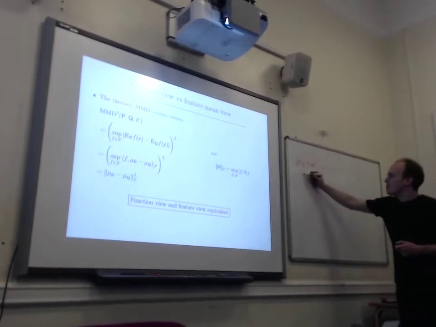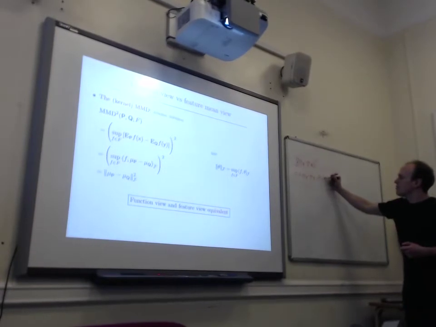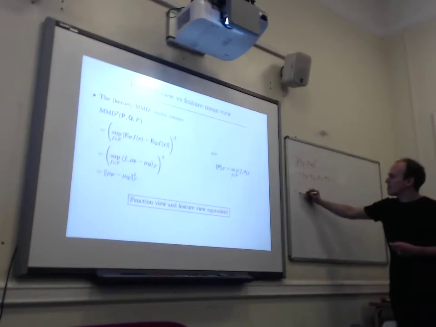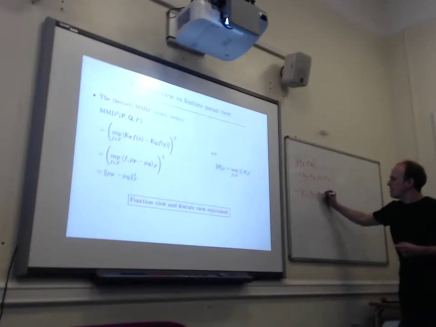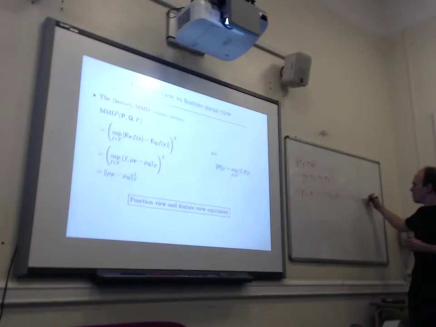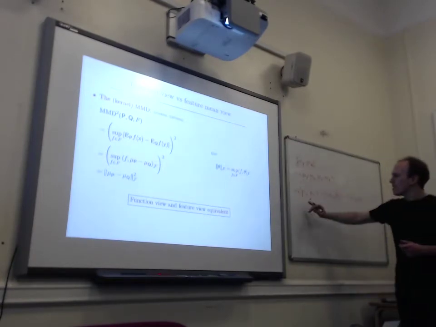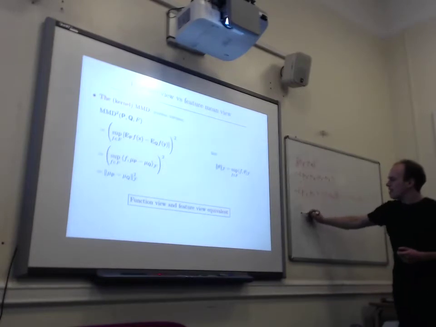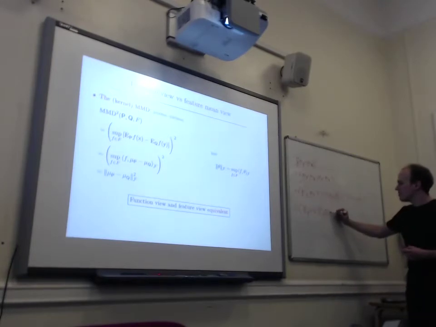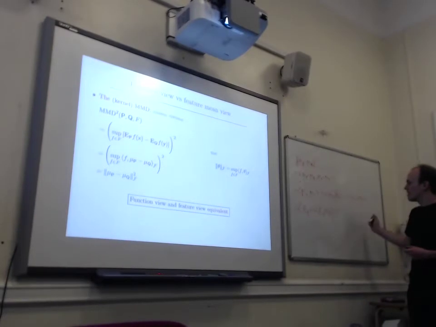And we've just seen that that's just the inner product of mu P minus mu Q with mu P minus mu Q. And then I'm going to expand this out: mu P with mu P, plus mu Q with mu Q, minus 2 mu P with mu Q. Okay, so these guys here are just the expectations under P of the feature map of X, expectation under P of the feature map of X, plus etc.